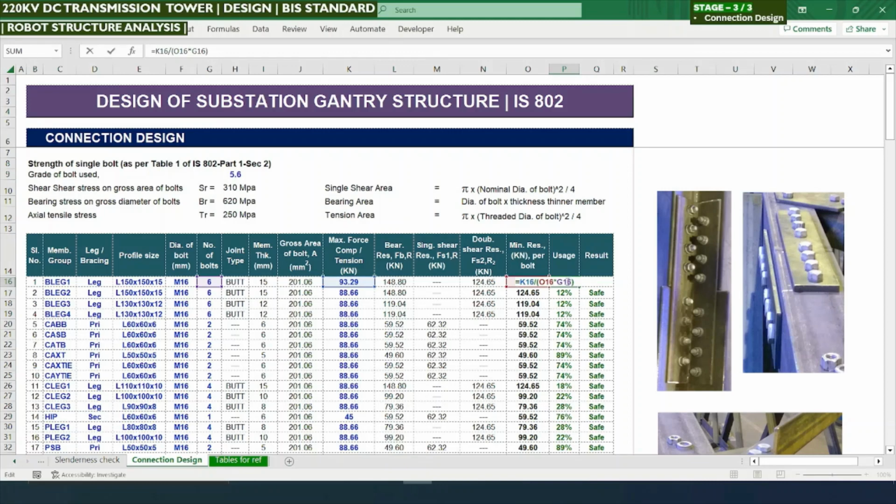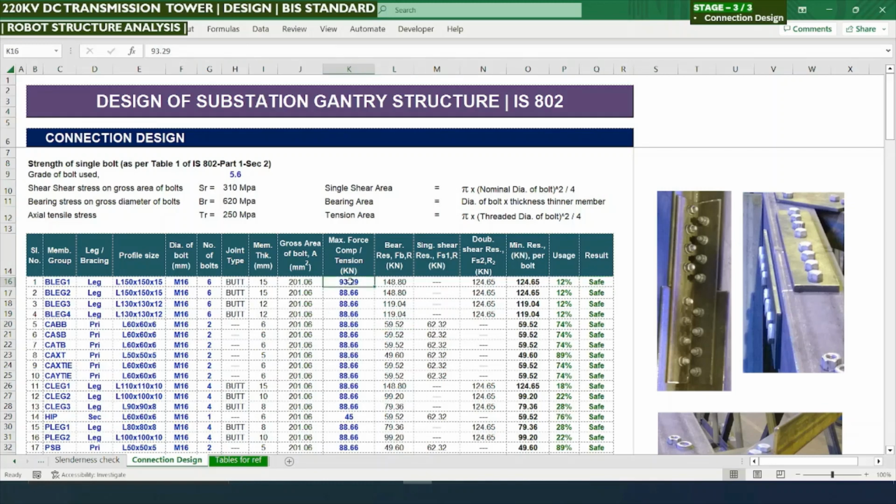Then the usage is actual divided by the capacity into 100, which gives the usage in percentage. If the percentage is less than 100%, then this connection seems to be safe. So this is the calculation procedure.